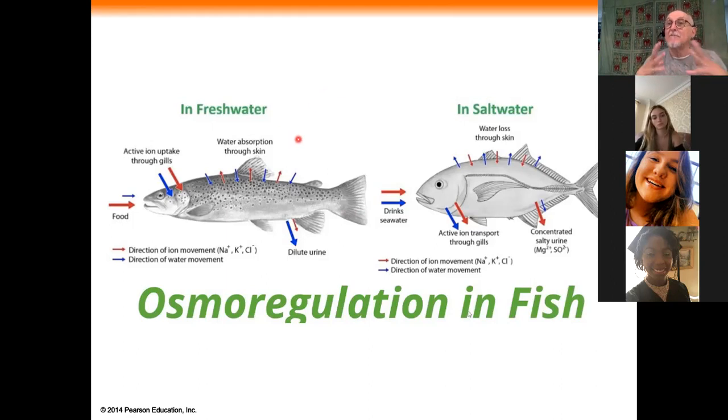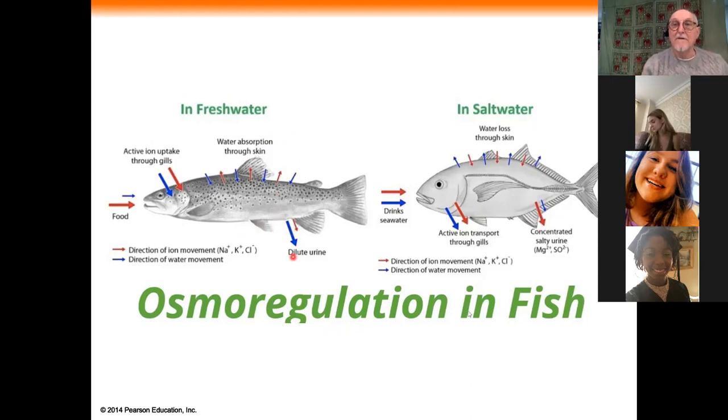Their cells, because they are living things, are full of solutes, full of molecules and things which are working and everything else. As a result, freshwater fish have the problem that they effectively drown because water floods into their cells continuously through osmosis. And as a result, they have to work really hard to avoid getting flooded with water.